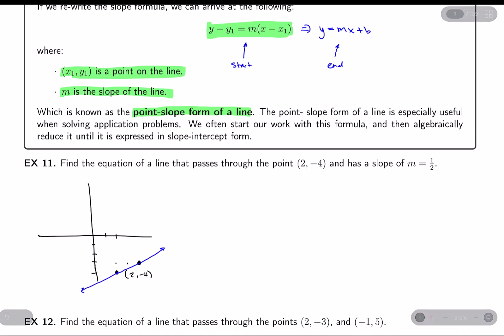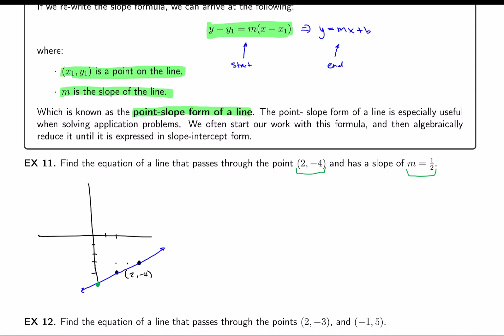Now here's the thing. There is a y-intercept. It's probably at negative 5, but we don't really know that from any of the given information. We'd have to determine that. If we did, we could directly say the equation of this would be y equals 1/2 x minus 5.